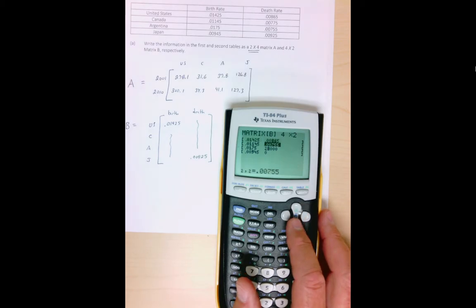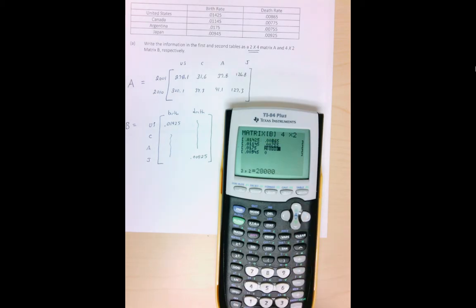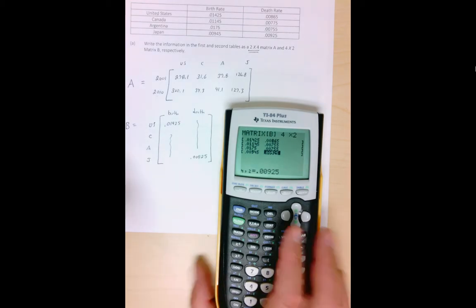Okay, that's right. And 0.00925. All right, let's make sure we get this right, because I've certainly tried every way in the world to botch up this problem. All right, looks good.